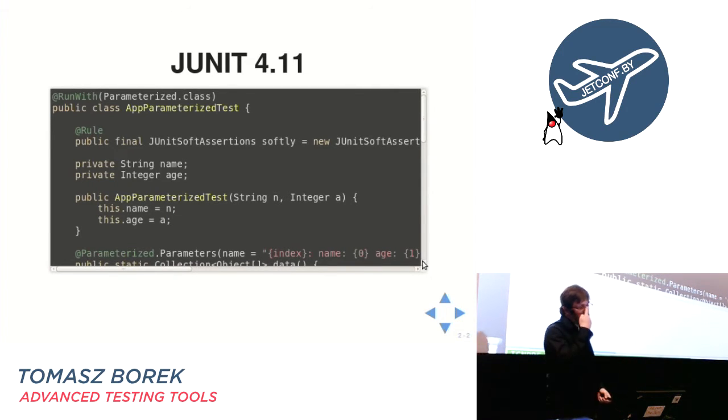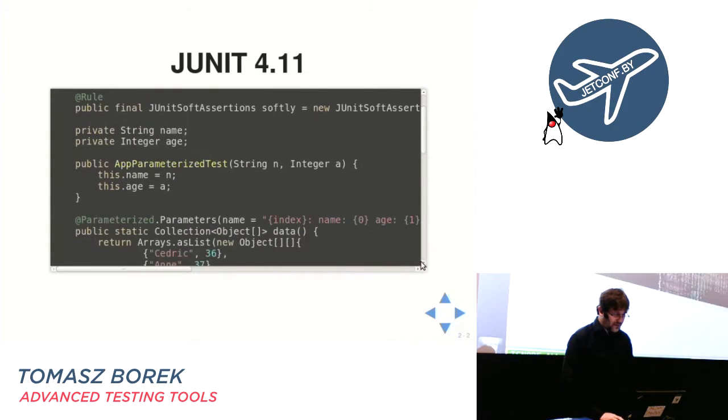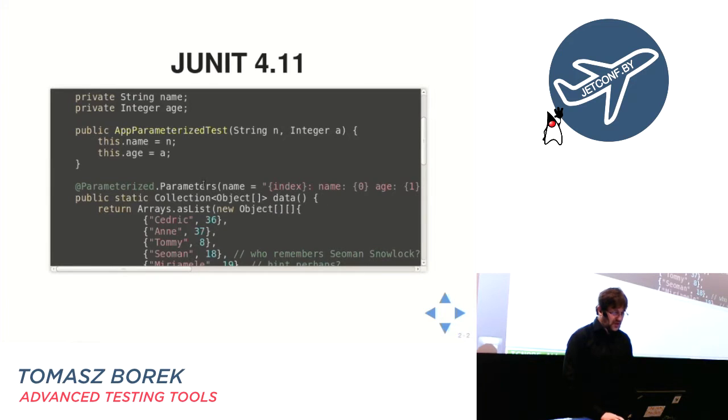So JUnit, which version? 4.7, 4.11, 4.12, 4.11. Okay, most of you. One enjoyable thing in 4.11, if you ever actually use this sorry excuse of a parametrized runner, then you probably know that you need to have fields, a public constructor which injects the fields, and parameters, which are a static collection of object arrays.